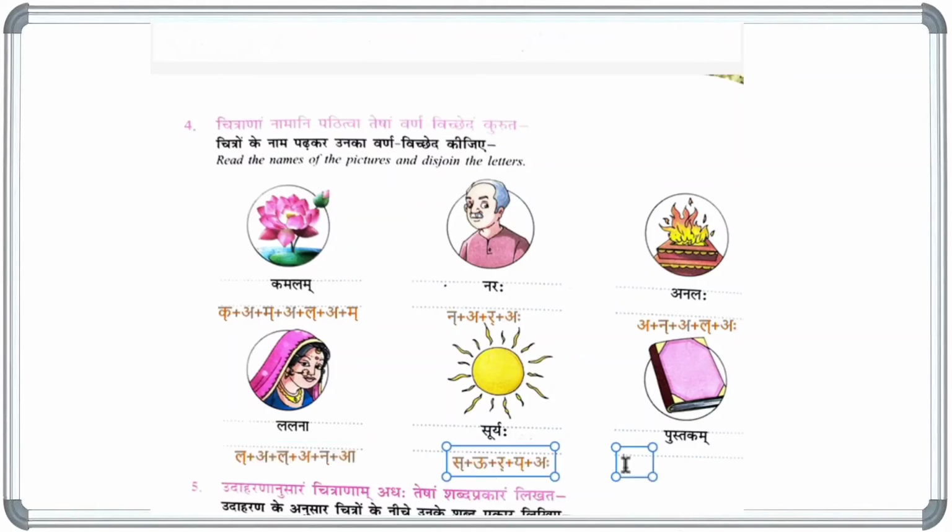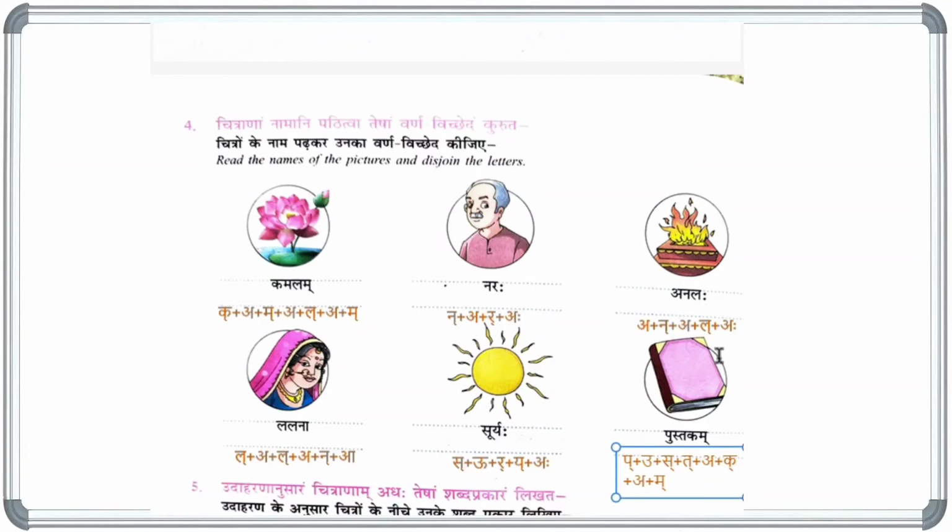Now come to the last word of the fourth main question, Pustakam. Pa halant plus u, pu. Sa halant plus ta halant plus a, sta. And ka halant plus a, ka. And ma halant.